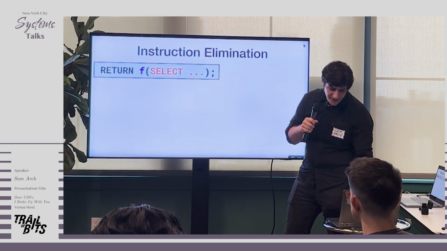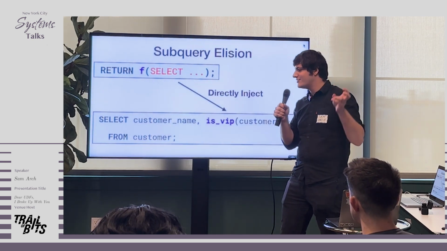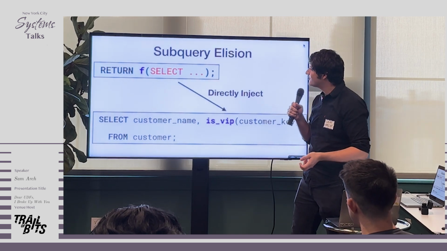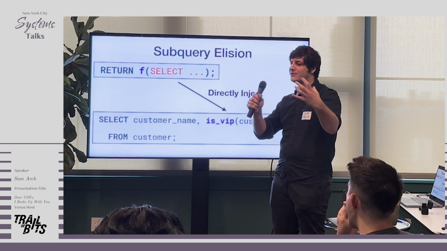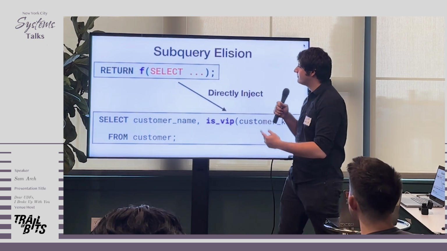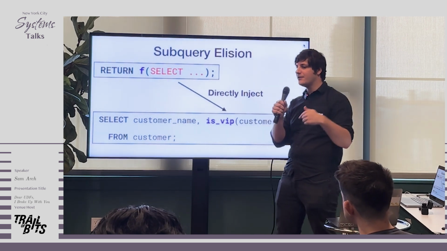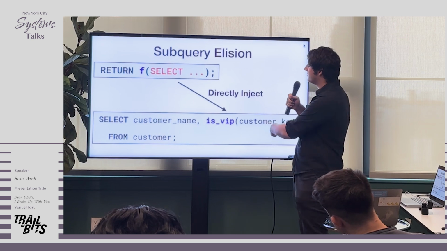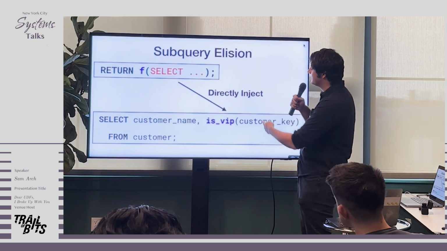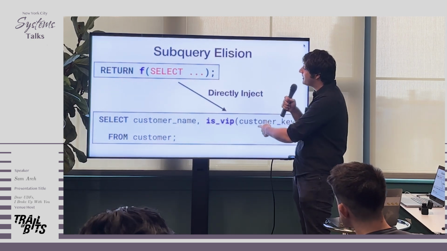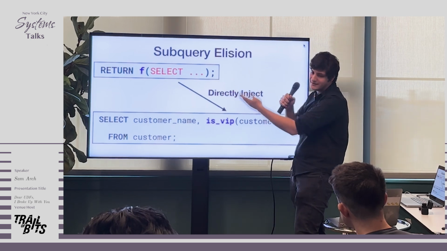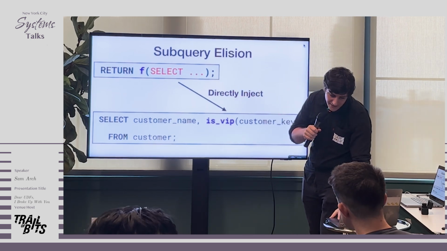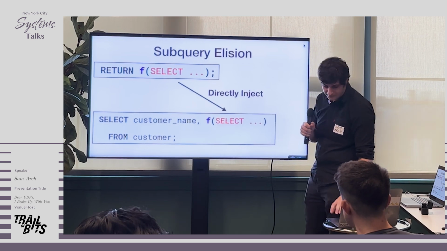And then the last step is called subquery elision, fancy word. But essentially, the idea is that instead of inlining, which creates a subquery and wraps all the UDF logic, we can just directly inject the return value of the simplified UDF into the calling query. So before, it was calling this isVIP UDF. And since we've simplified that down, so it just returns f of select, we can just directly inject that, and we're left with this.